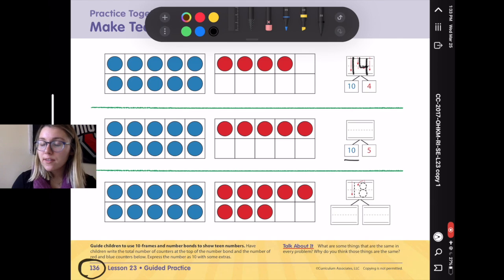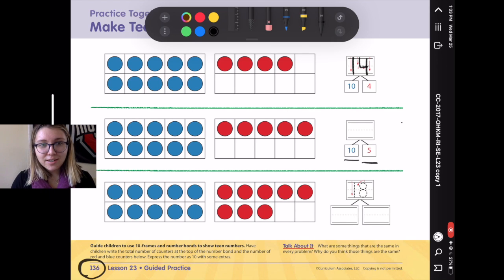All right, now let's look at the number 5. Where is the number 5 in this picture? Where are the 5 counters? You're right, they're the 5 red counters, and we know that because the number 5 is red. So now together, I want you to take your pencil and write down the number. Wait, what number are we going to write down?